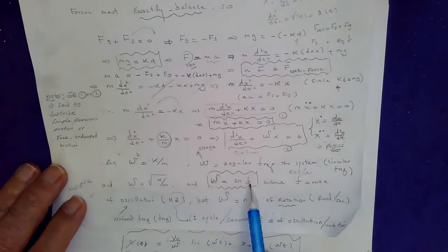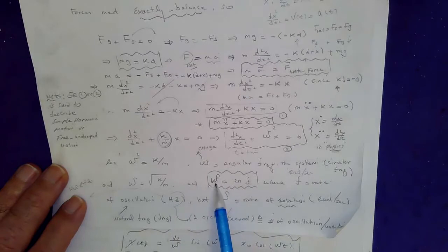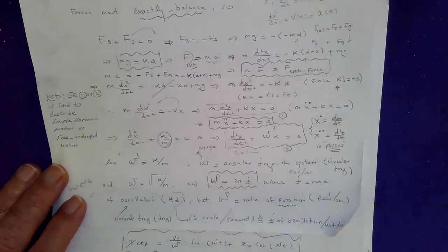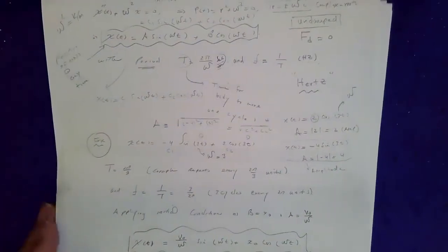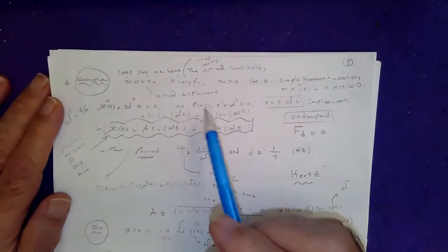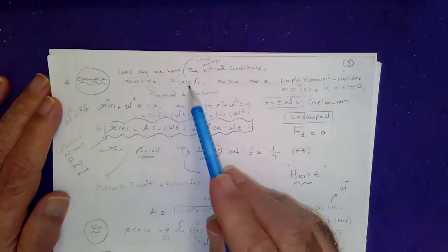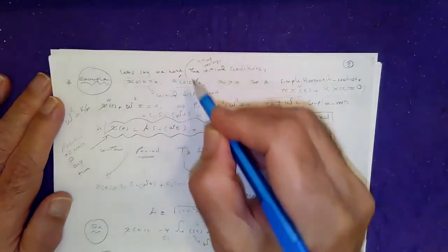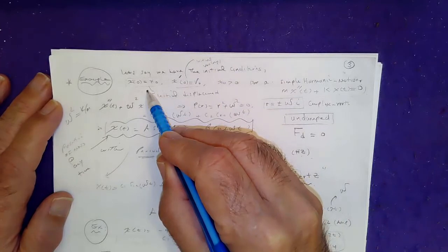The unit for f is hertz, whereas the unit for omega is radians per second. So that's basically how the equation gets developed. Let's say we have the initial conditions x of 0 is x0 and x prime of 0 is v0. In other words, this is the initial position of the mass.